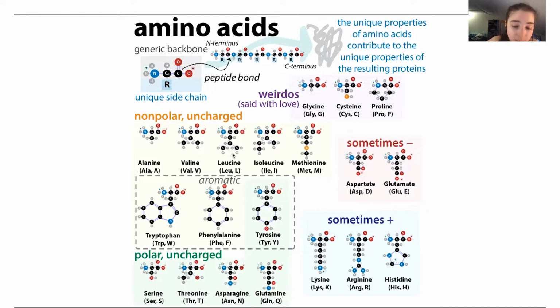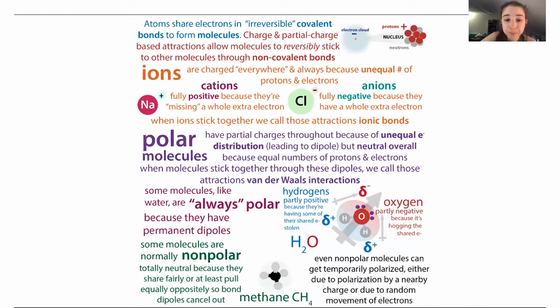Because they're nonpolar, remember that atoms share pairs of electrons to form these bonds. Because they might not share fairly, and the electrons are negatively charged, one of the atoms can end up with a partial charge.